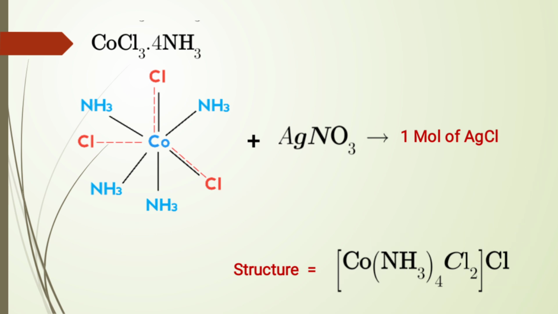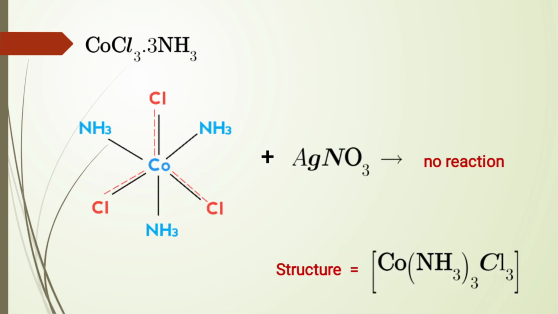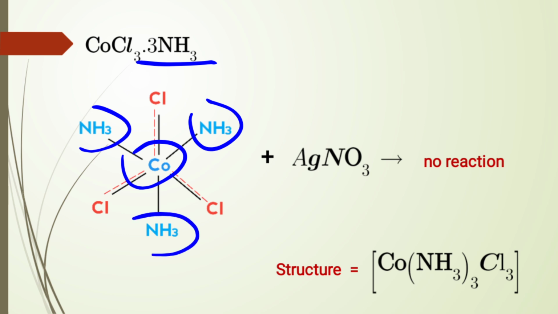So next, let us reduce this to 3 and see. So now we have 3 ammonia. NH3 is ammonia, NH4+ is ammonium. Now, so we have this cobalt, right? We have 3 ammonia. So then all the 3 chlorines now have to satisfy both the primary and secondary valencies.